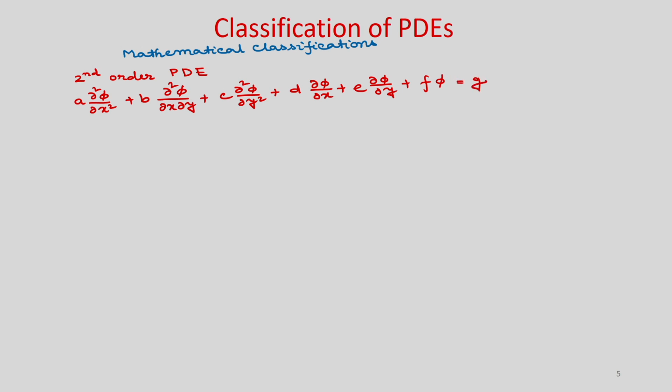Let us take in general A del 2 phi by del x square plus B del 2 phi by del x del y plus C del 2 phi by del y square plus D del phi by del x plus E del phi by del y plus F phi is equal to G. This is in general one second order partial differential equation, and you know when it is called linear and non-linear, and when it is homogeneous and non-homogeneous.